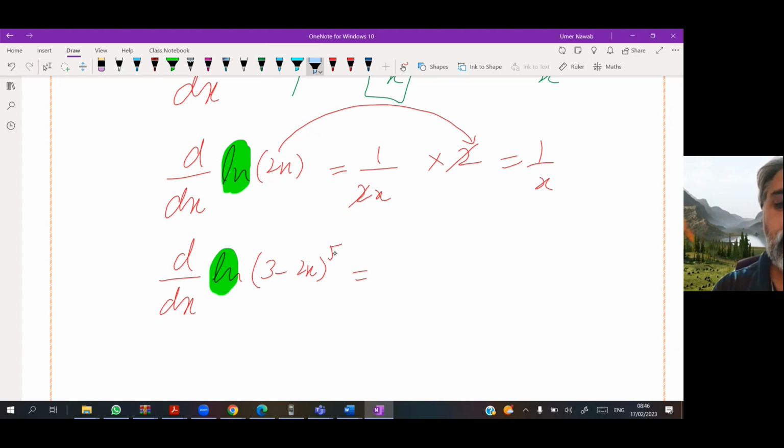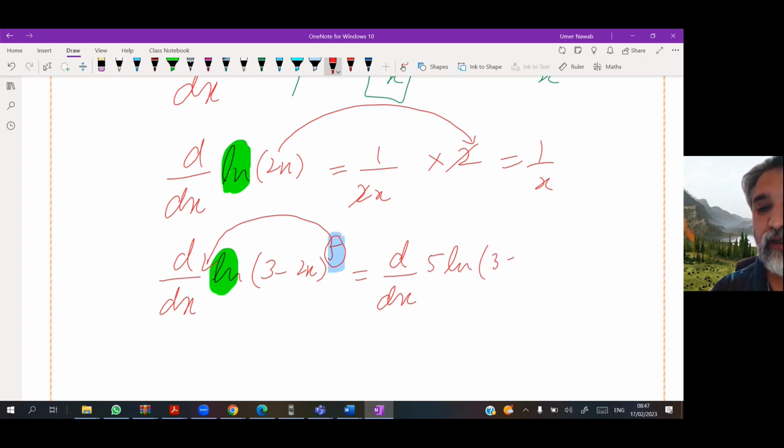If you have a power on the argument, then this power is first shifted back and becomes the coefficient of ln before applying the differentiation. So that's why I'm keeping the d over dx here. I'm bringing 5 back, 5 ln. Imagine now the question becomes so simple. Now 5 will stay as it is because it is the coefficient. Now what is the derivative of ln? Reciprocate this, 1 over 3 minus 2x.